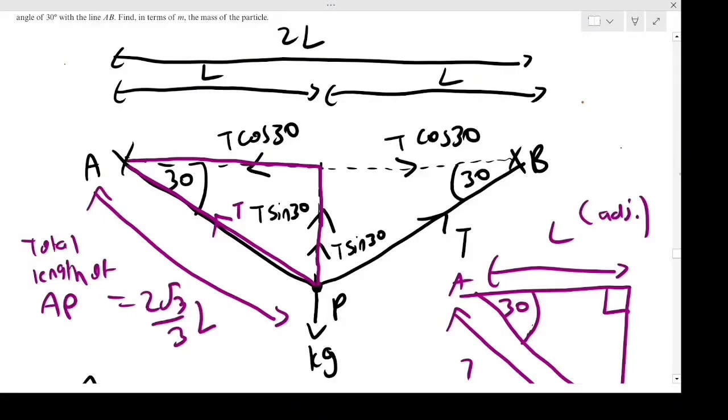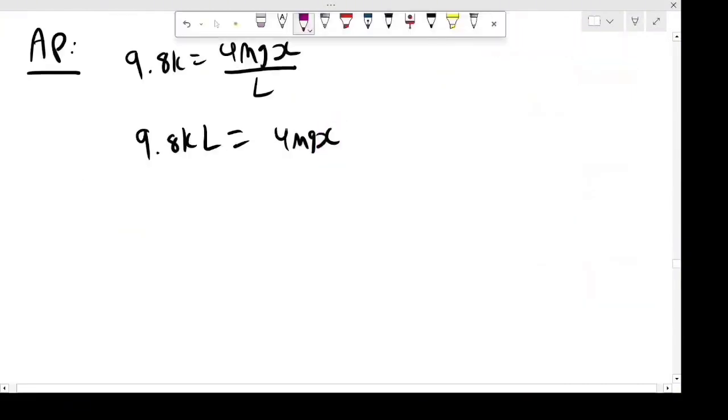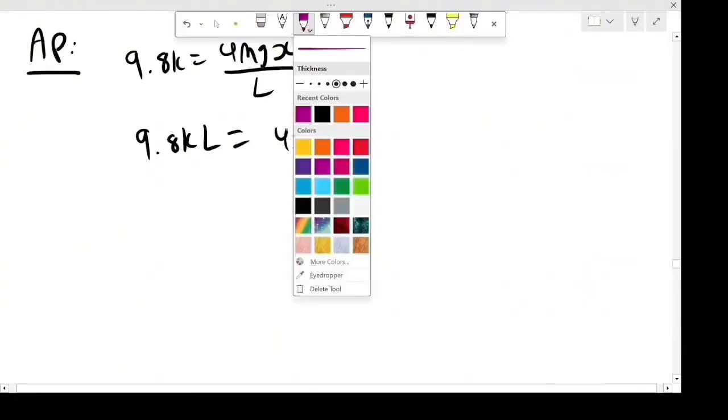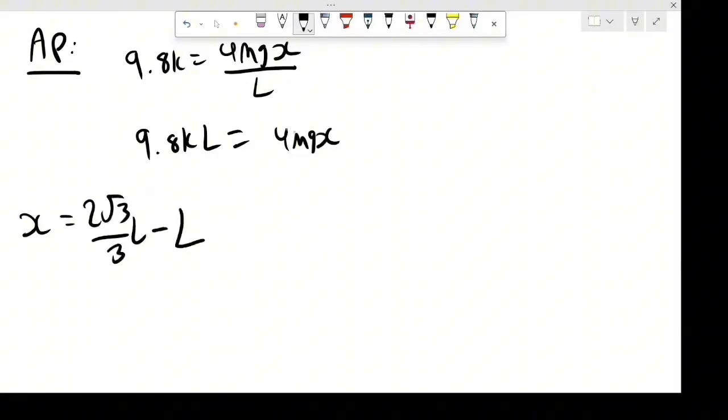So that is the total length of the string A to P. But I want the extension of that string, X. So the extension X is going to be the total length, 2 root 3 over 3 L, take away the natural length, which was just L.